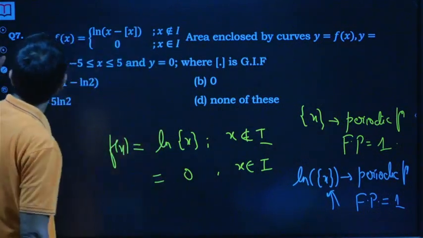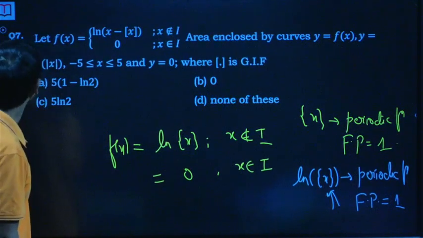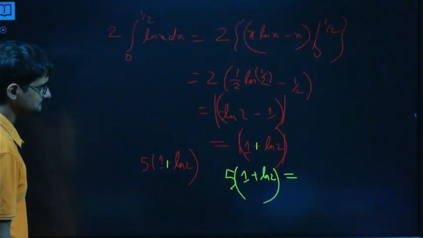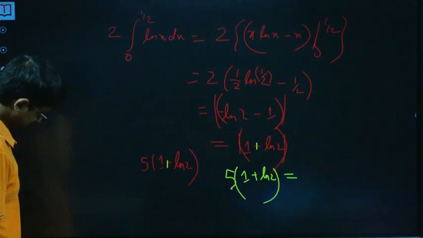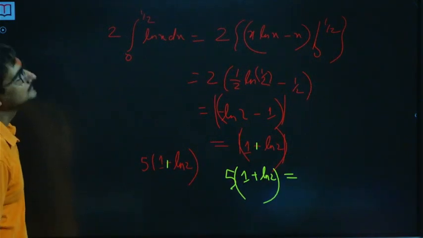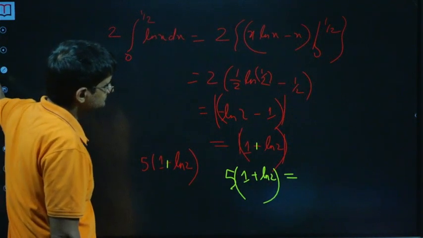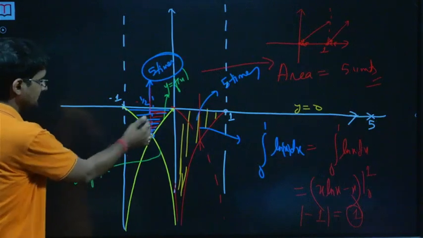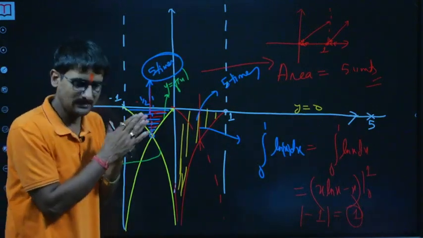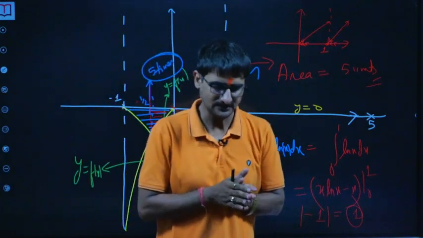So does that mean, okay, does that mean they are looking for this area only? I mean this side area only, bounded by f(x), f(mod x) and the x-axis.